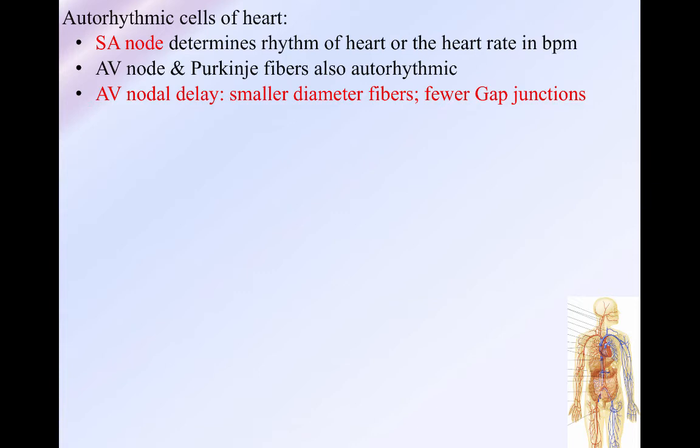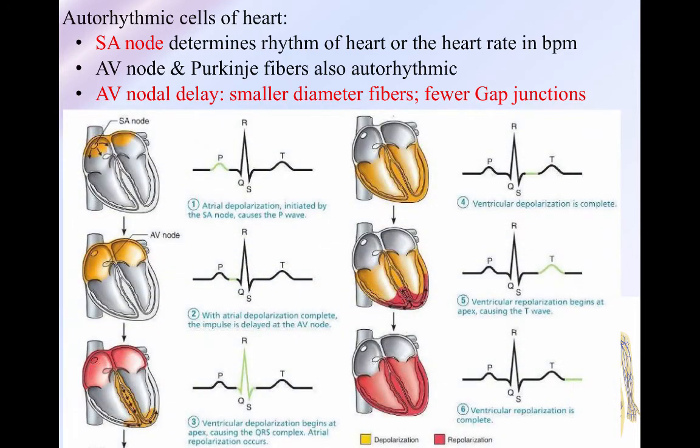And again, this allows blood to move from the atria to the ventricles before the ventricles contract. And so we've got a couple of different ways that we try to help ensure that the ventricles fill up with blood before we contract and push blood out through the systemic and the pulmonary circuits.